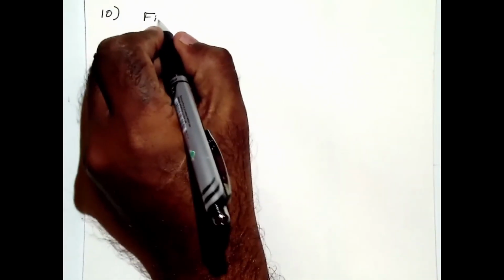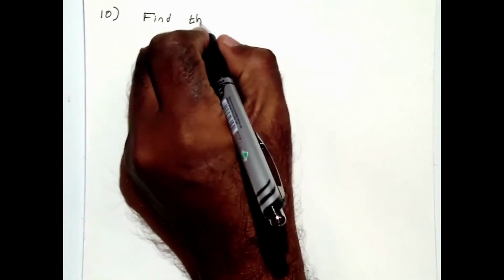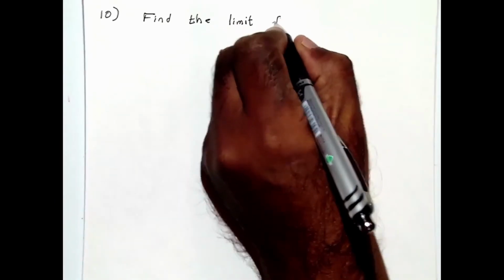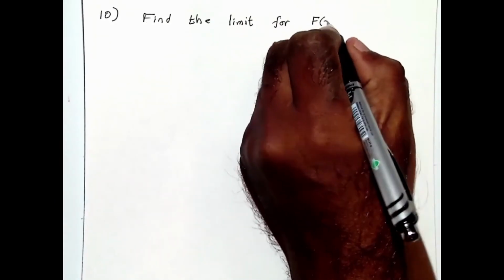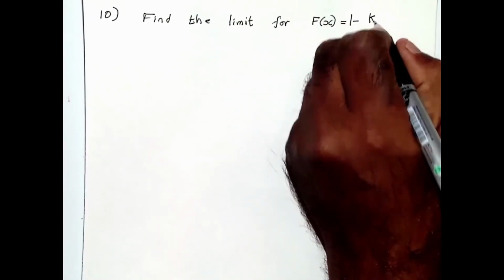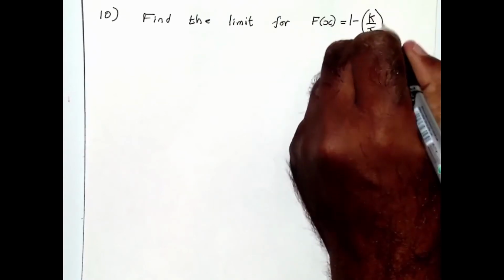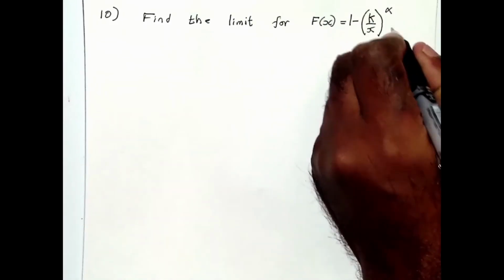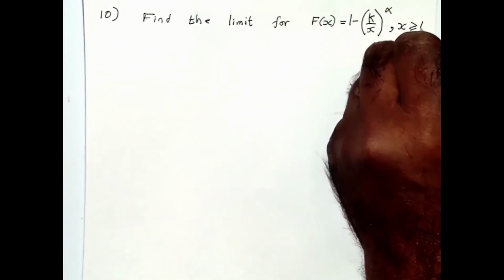Now let's move on to the next question, which is the following. Find the limit for f of x equal to 1 minus k divided by x to the power alpha, right, where x is greater than or equal to k.